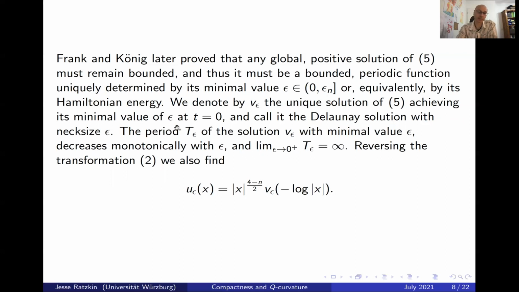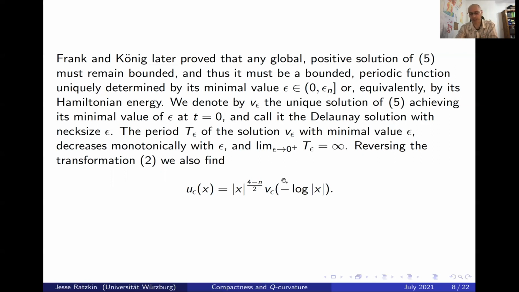The solution V epsilon has some period T epsilon. It's also possible to show that the period is monotone with epsilon, and that when epsilon goes to 0, the period goes to plus infinity.